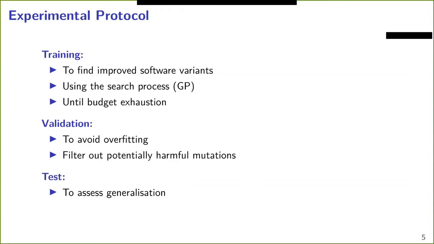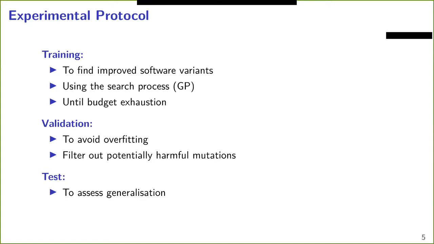The experimental protocol for GI can be done with up to 3 steps. The first and main step is training, in which we actually use the search process, so GP, basically until budget exhaustion. The goal is to generate and find new improved software variants. The last step, test, is basically to take the final software variant generated during training and see if it still works on new instances.